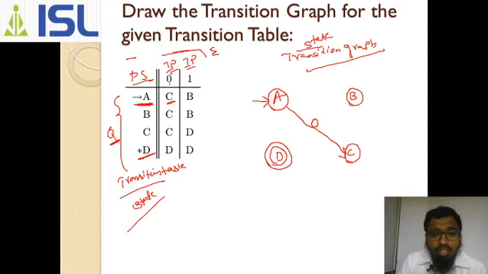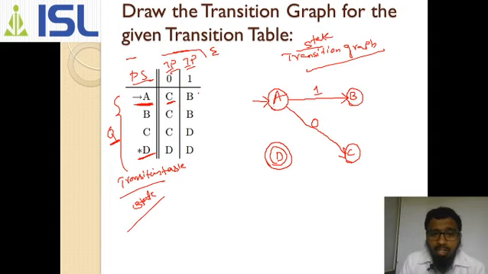Next, A is going to B when the label, or input, is 1.